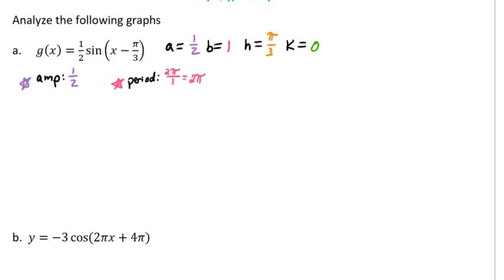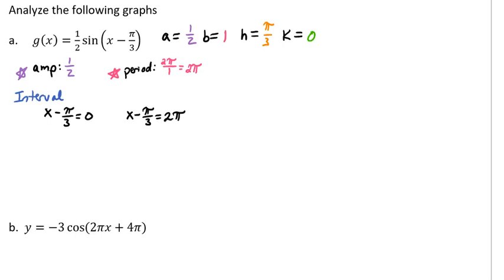From here, we can actually find our interval. In order to find our interval, we're going to be using the x minus pi over 3, because a normal interval goes from 0 to 2 pi, but we have the h value, so our interval is going to shift. So we're going to have x minus pi over 3 equals 0, and x minus pi over 3 equals 2 pi.